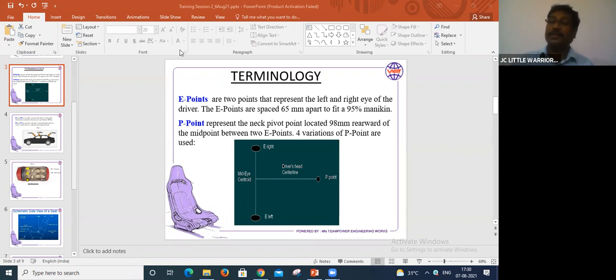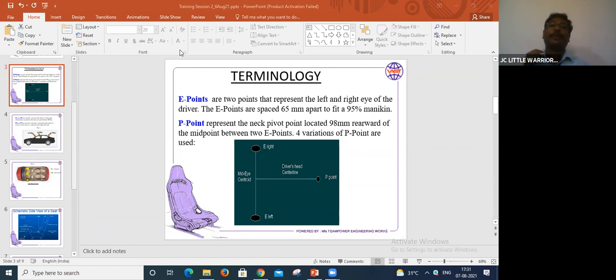They considered the 95th person so that with other features, we can make the seat adjustable for the other heights also. Is that clear? Yeah. So those are the E points which are very important, and these E points are defined from H point. What exactly is an H point? We will come to that now.